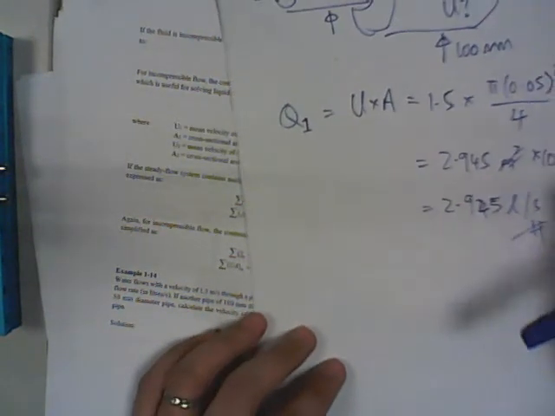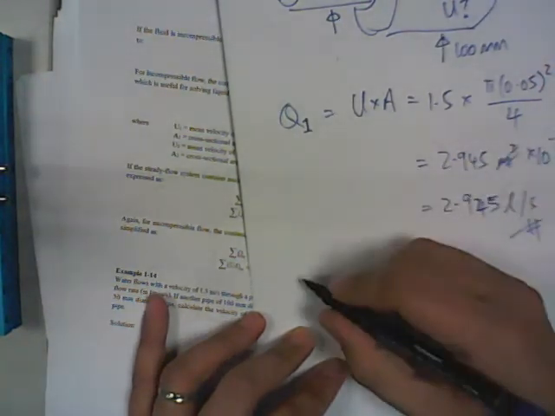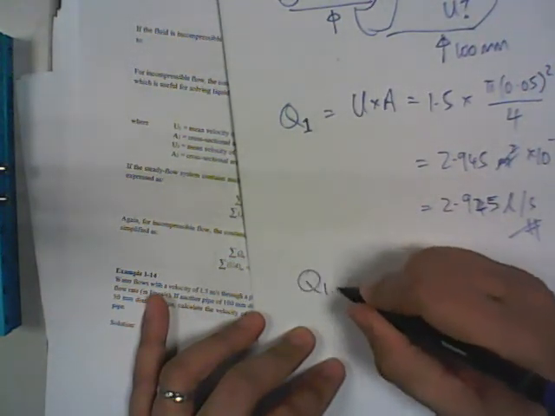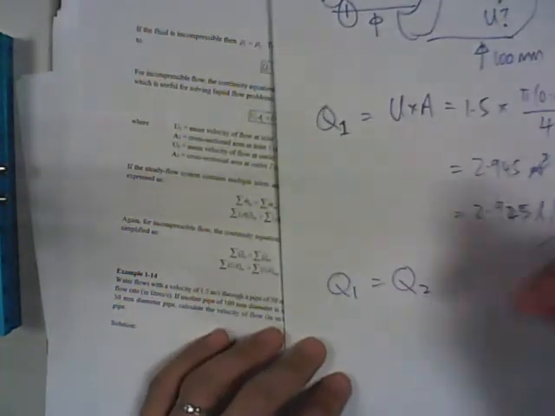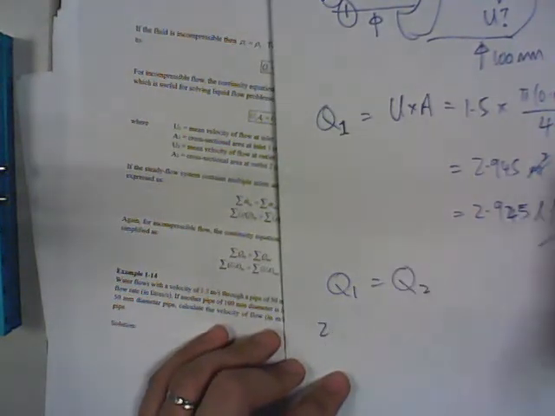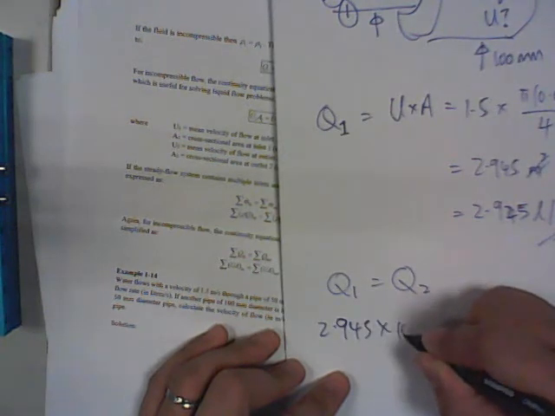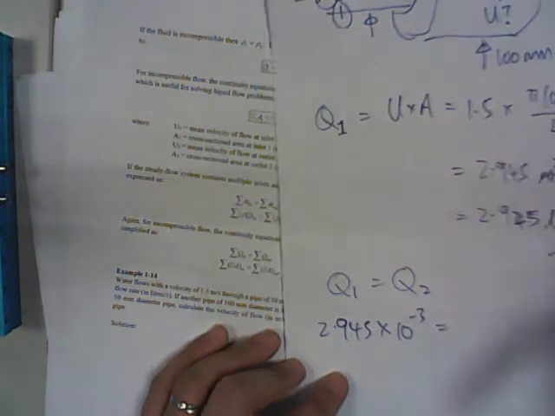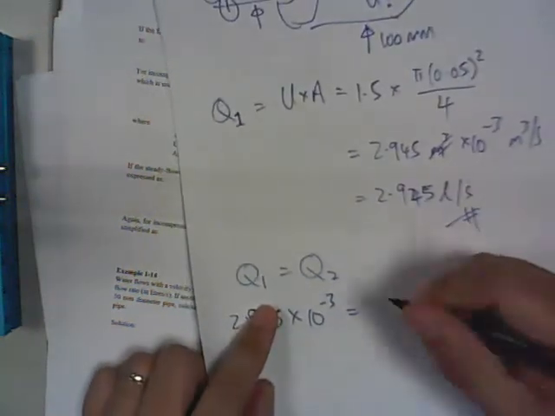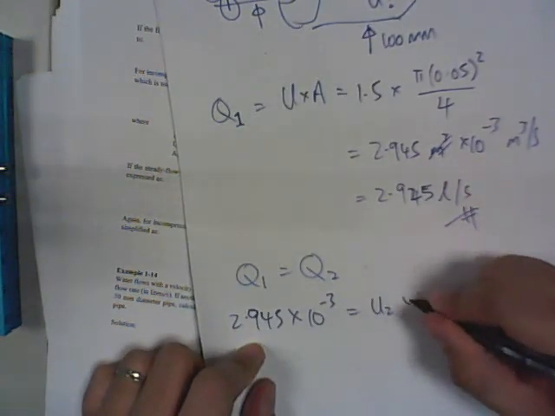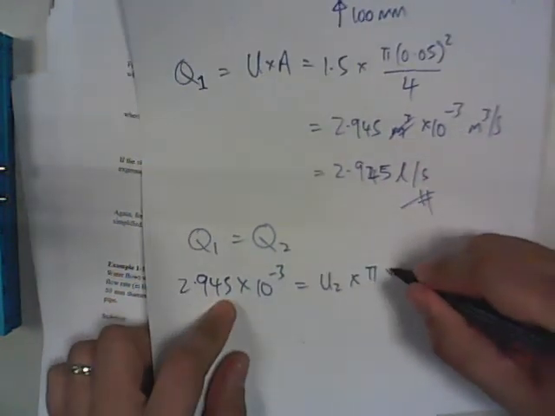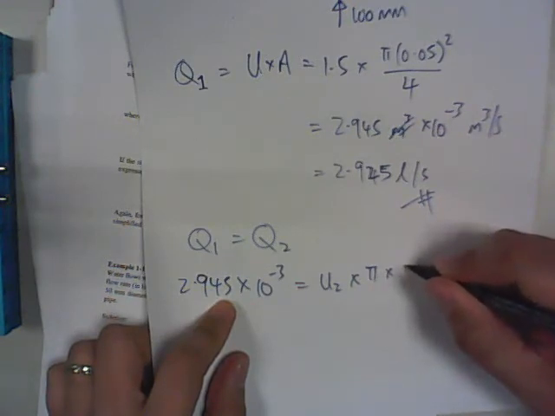So conservation of mass. This is also water, so incompressible. So Q1 equals Q2, where Q2 is the larger pipe and Q1 is the smaller pipe. Let's just use the SI unit: 2.945 times 10 to the power minus 3 will be U2 times pi d square over 4, where D is 100 mm, which is 0.1.